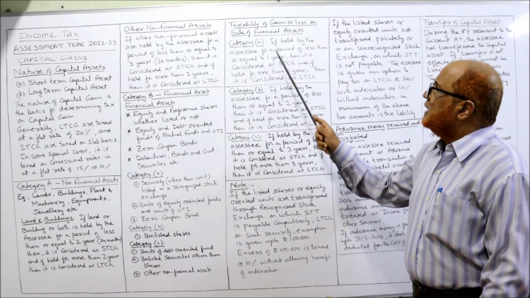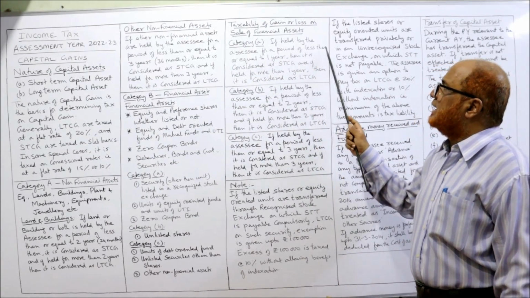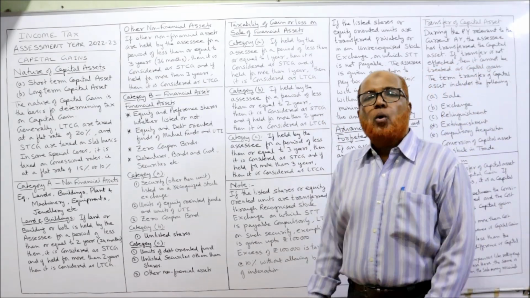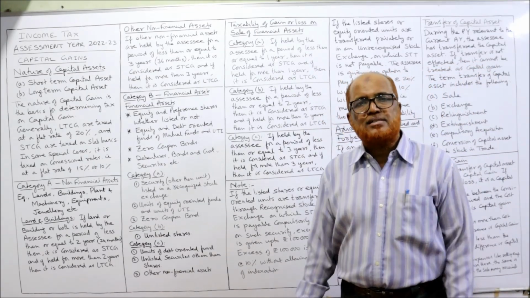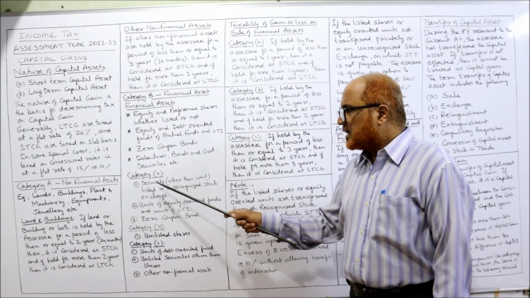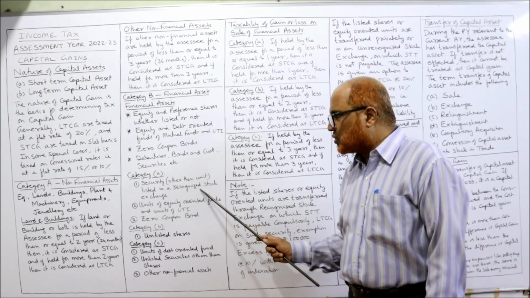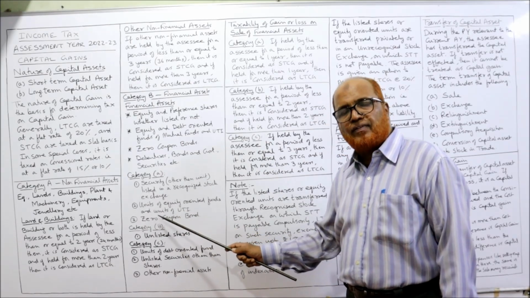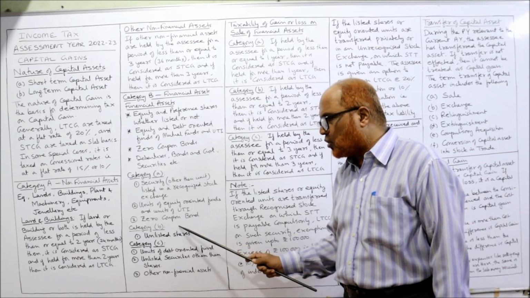Category A. If held by the SSC for a period of less than or equal to 1 year, then it is considered as short-term capital. Holding period is 1 year. For which assets? A category. Security other than units listed in a recognized stock exchange or units of equity oriented funds of mutual fund and UTI, zero coupon bond.